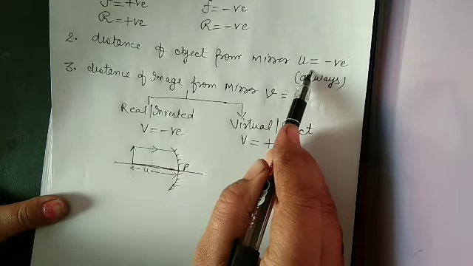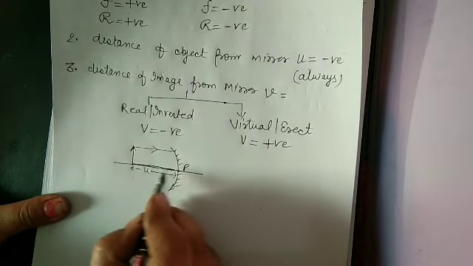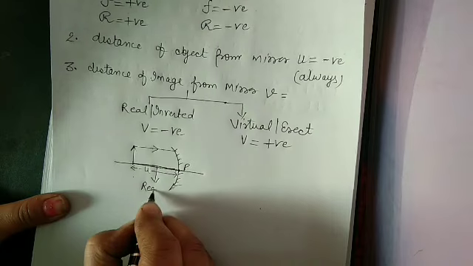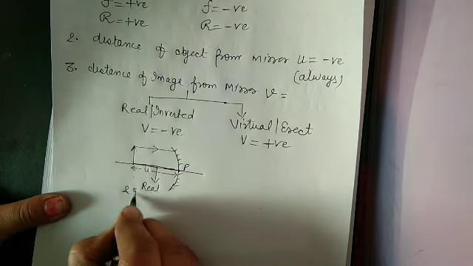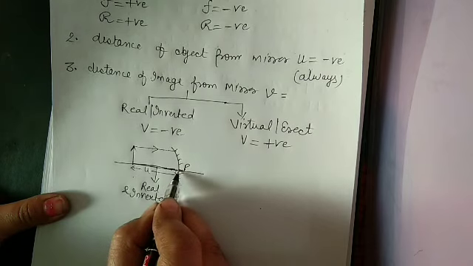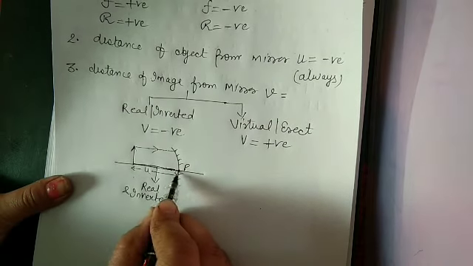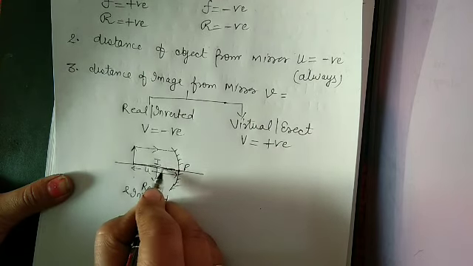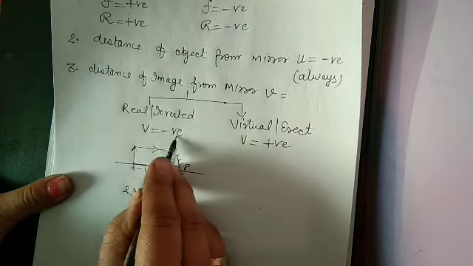So this point is clear to you. If the image formed is real and inverted, again to measure the distance from pole to image, we have to move towards left, so V is negative.